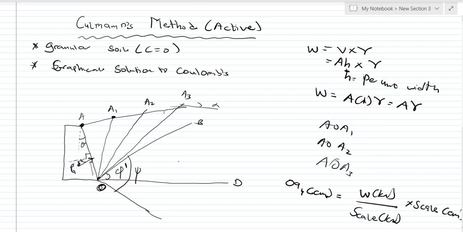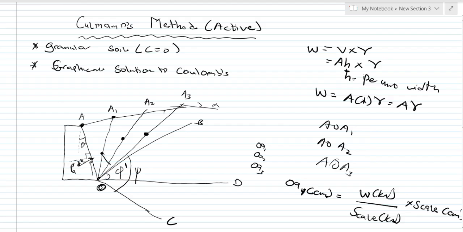You do that for each of the weights. Then you plot these OA values in centimeters on the line. So let's say you get OA1, OA2, and OA3. You plot OA1 on the line, OA2 here, and OA3 here. Then you draw lines through them that are parallel to this OC line to touch this OB line.